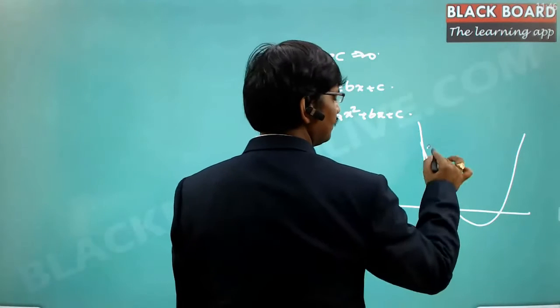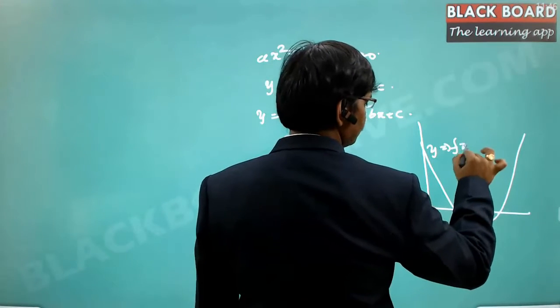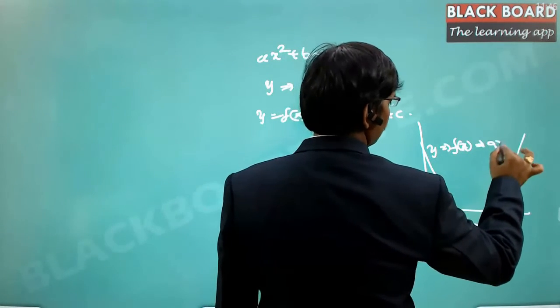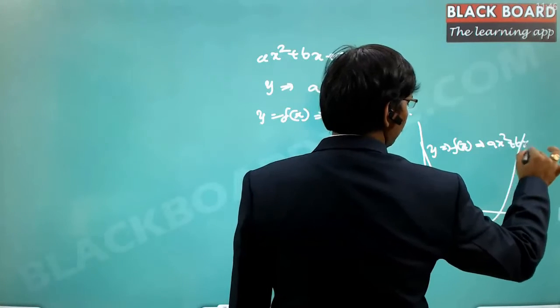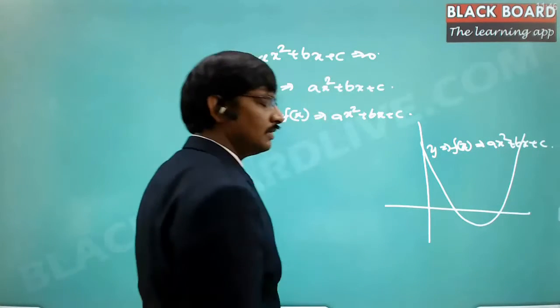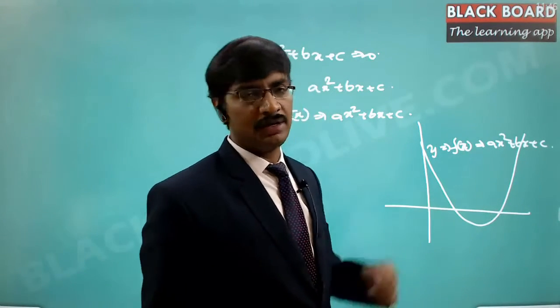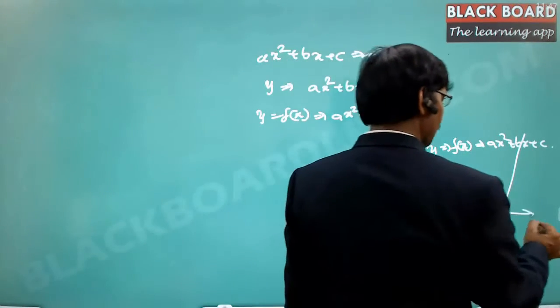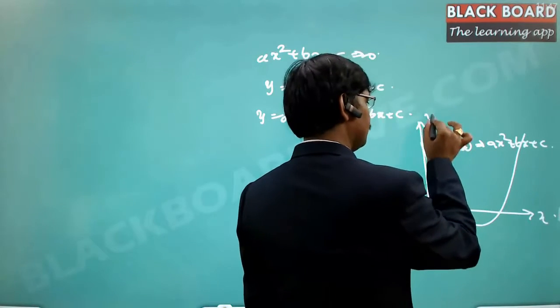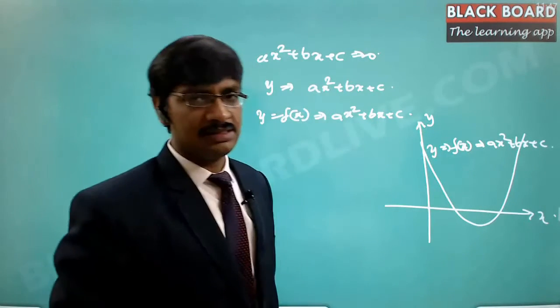This curve represents y is equal to f of x is equal to ax square plus bx plus c. This curve represents a parabolic shape in the quadratic plane. This is the x-axis and this is the y-axis, and this is also called the Cartesian plane.